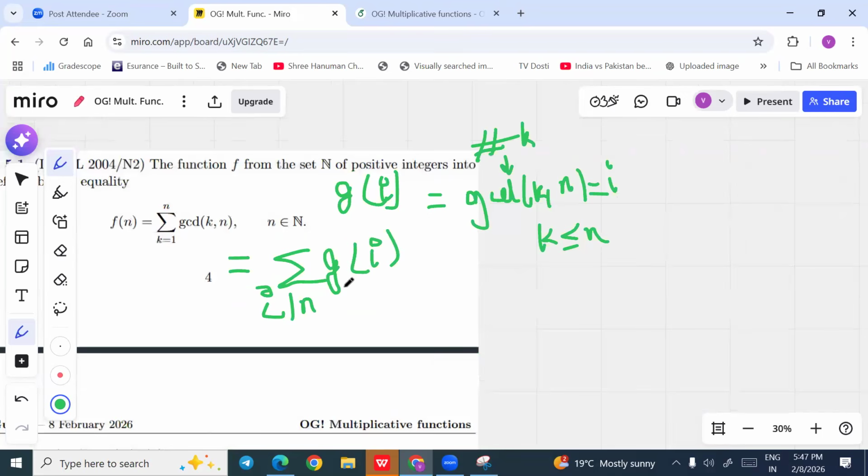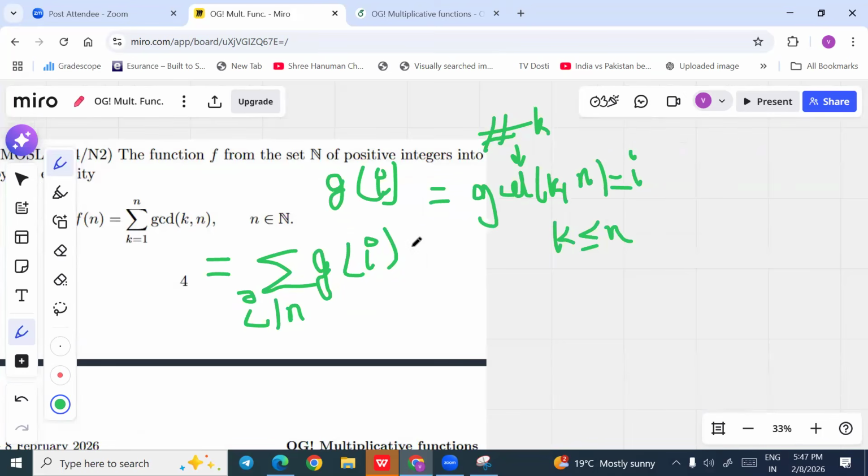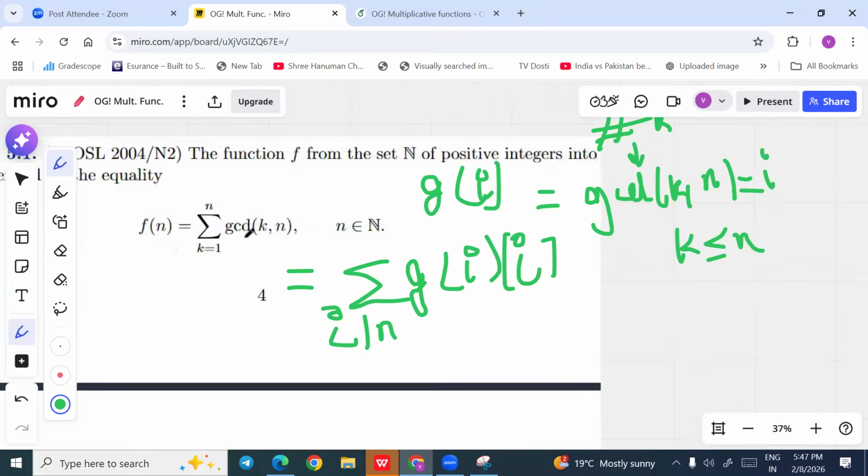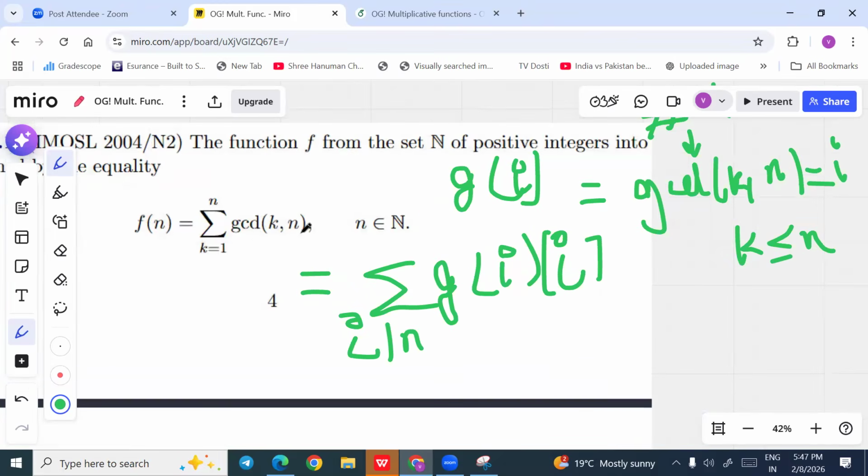So, do you see now how we proceed? g of I multiplied by I. So basically, you are just summing up the GCD for k equal 1 to n.